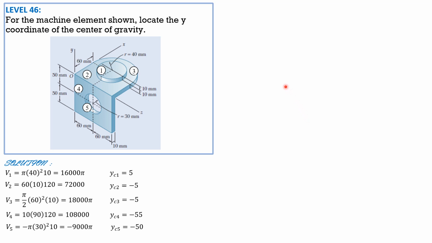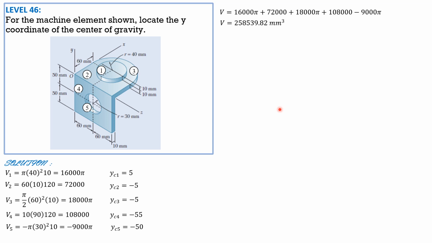So the net volume would be the sum of these volumes, V1 plus V2: 72,000 plus 18,000 pi plus 108,000 minus 9,000 pi. So the volume is equal to 258,539.82 mm cube.